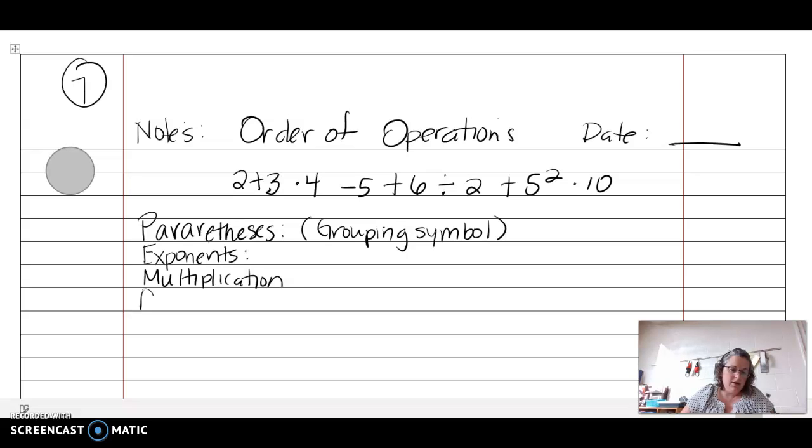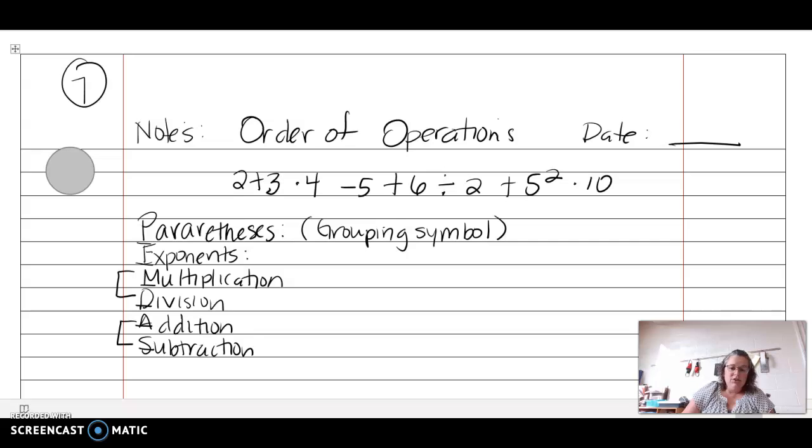Division. And then you can do these together from left to right. Addition and subtraction. And of course you can do those left to right, depending on what's left. Or you might have heard it called PEMDAS.